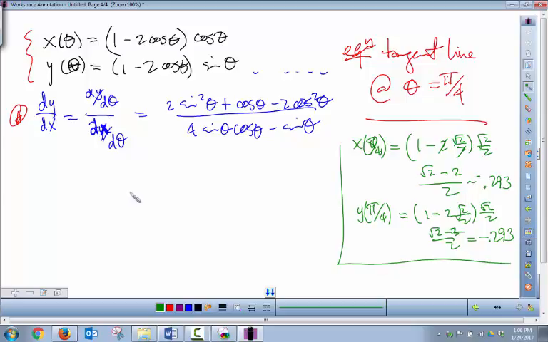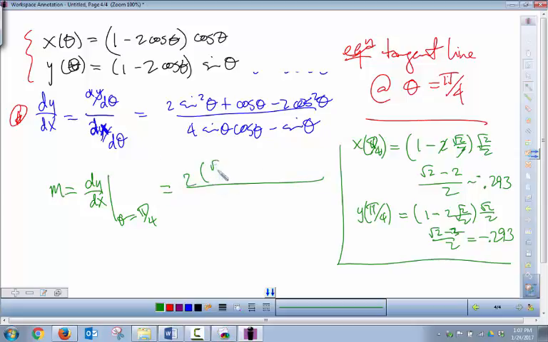All right. So to find our m, our slope, we need the dy/dx. But remember, you don't just flop this whole expression in. You have to evaluate this at the appropriate angle by putting pi over 4 in there. So we have 2 root 2 over 2 squared plus root 2 over 2. That's kind of nice. Everything's root 2 over 2. 4 times root 2 over 2 times root 2 over 2 minus root 2 over 2. All right.